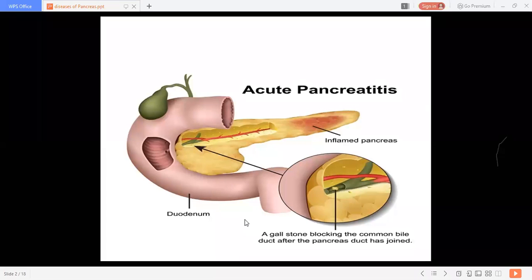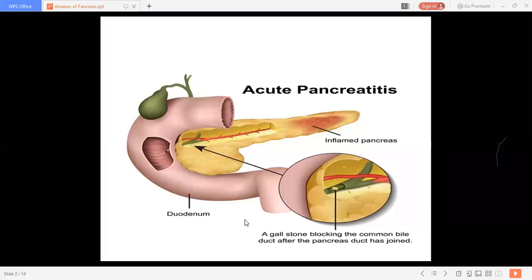So how are you going to diagnose it in the lab? There is leukocytosis. Which type of leukocytosis?